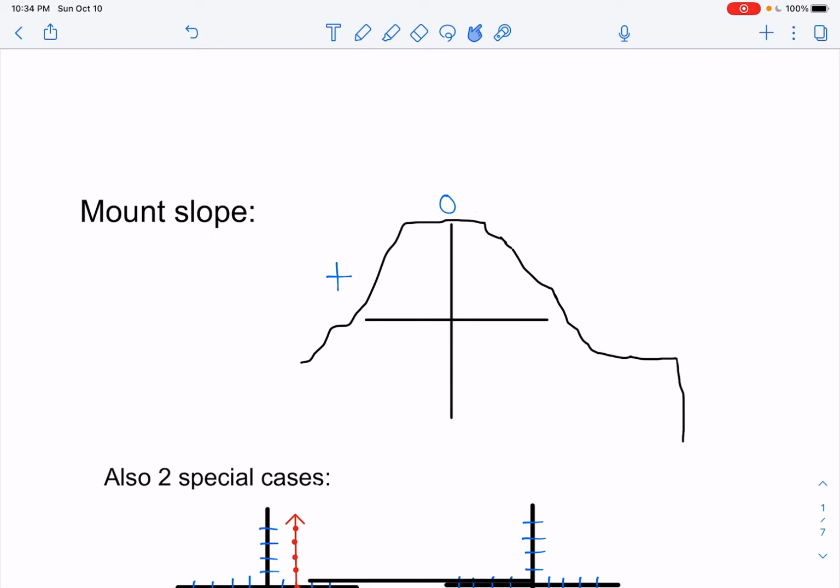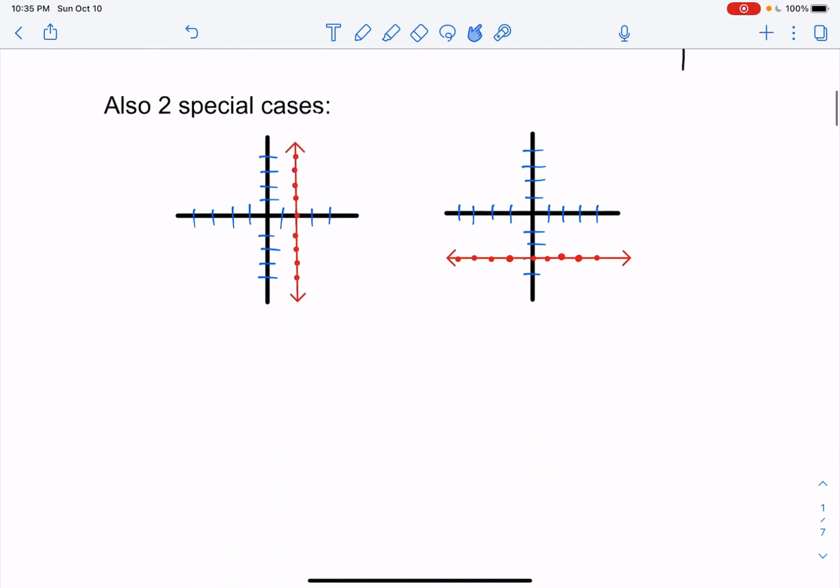This is zero fun. He goes down the slope, nice, negative. And when he falls off the cliff, the curse word of algebra, undefined. A vertical slope is undefined. So feel free, obviously, to pause this as you need to write down these notes.